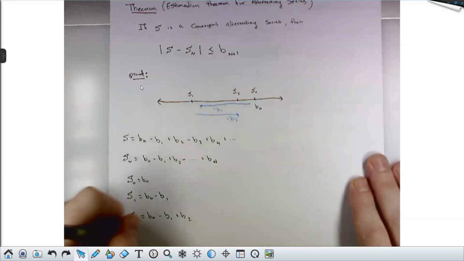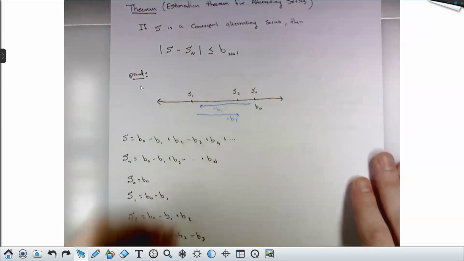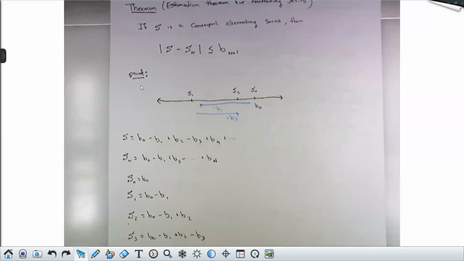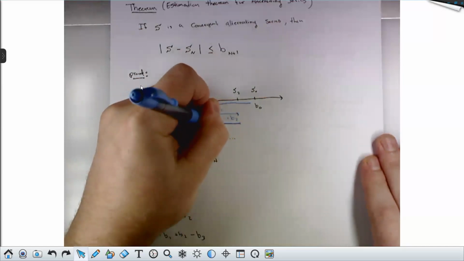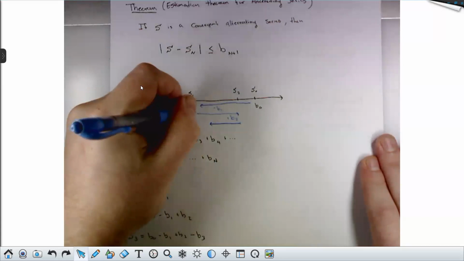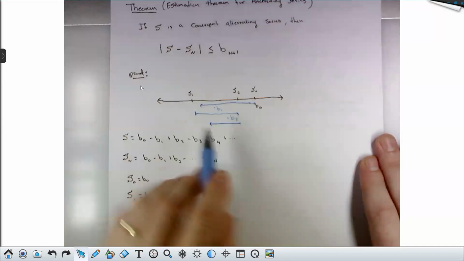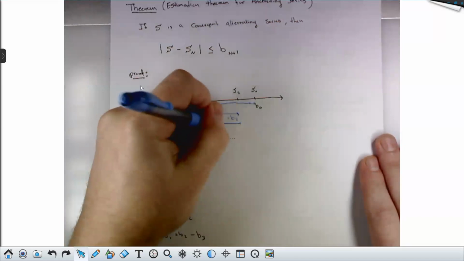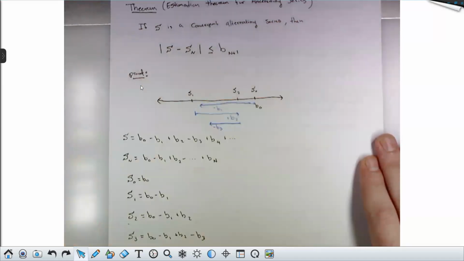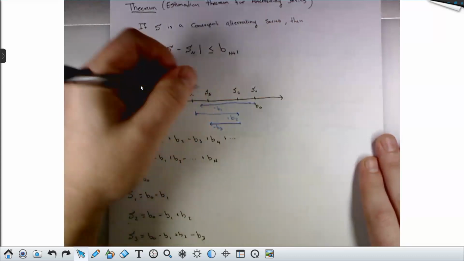But then S3, the third partial sum, would be B0 minus B1 plus B2 minus B3. So if I want to get to S3 on my number line, I need to walk back the other direction because it's being subtracted, but I'm going to walk less than I did for B2 or for B1. So this is minus B3. And that lands us right here, and that gets us to S3.